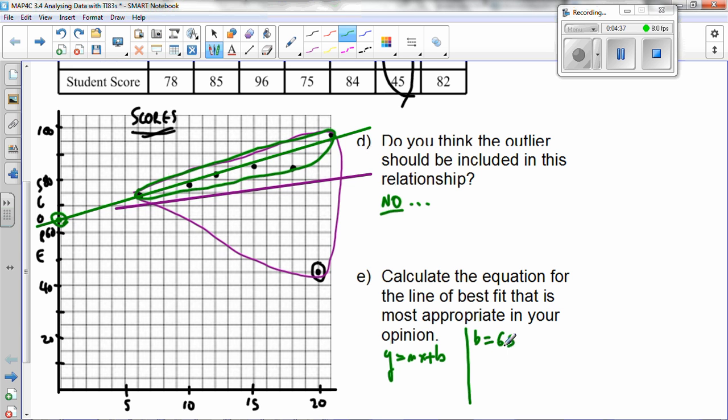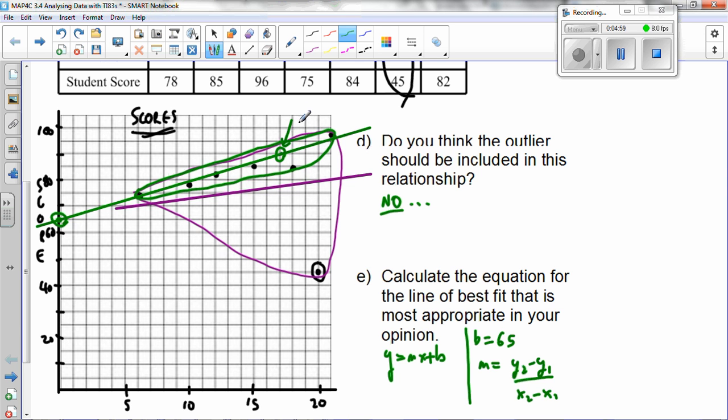The slope is y2 minus y1 over x2 minus x1. We just have to find a couple of points that are on or close to on this line. There's one that looks nice. See how that goes right through the corner?